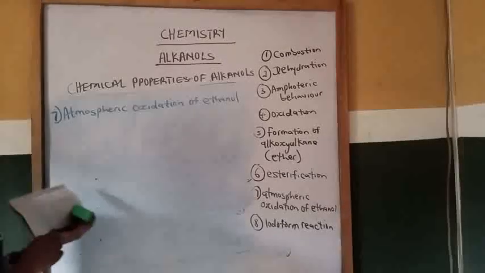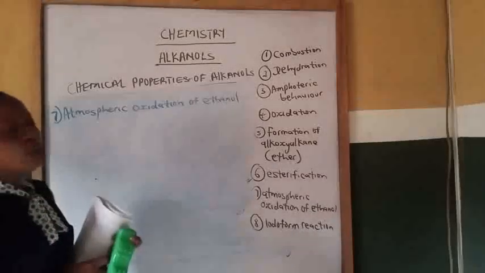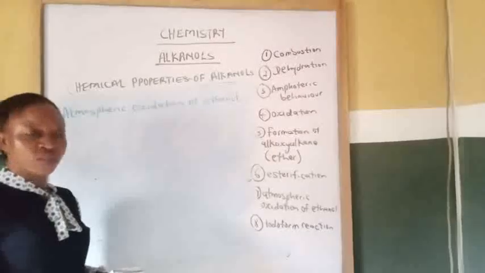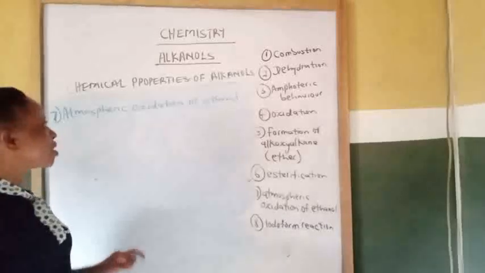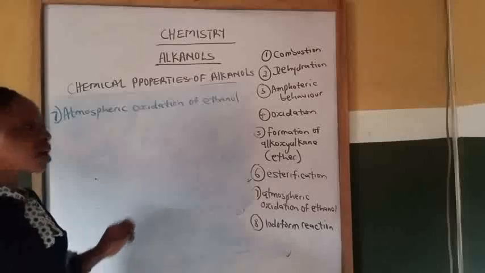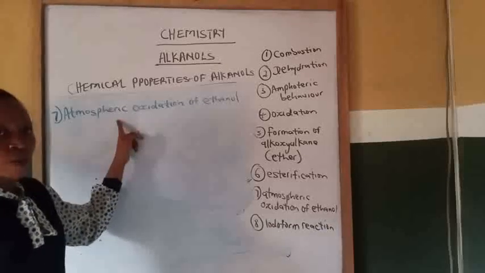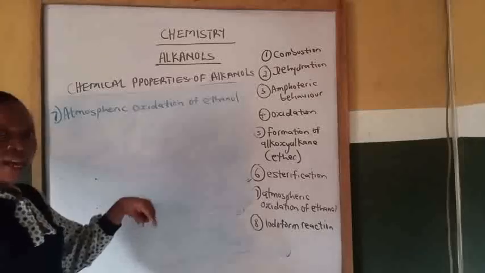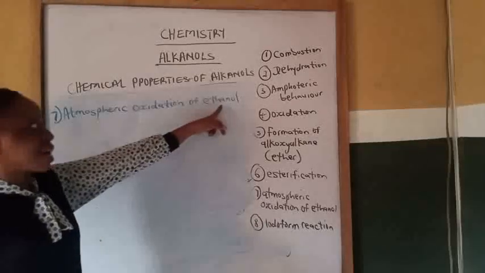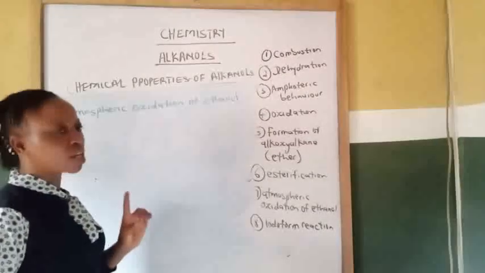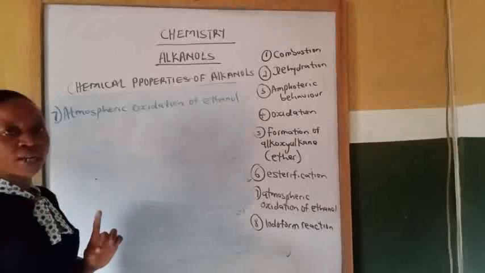Ethanol will oxidize to ethanoic acid and water by oxygen in the atmosphere, in the presence of bacteria in air. The bacteria in air and oxygen will act on ethanol and convert it to ethanoic acid. It is not like the combustion reaction of ethanol this time around.